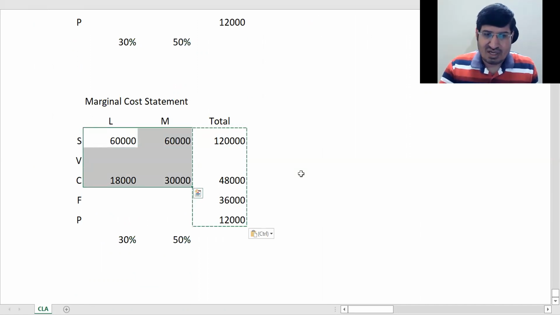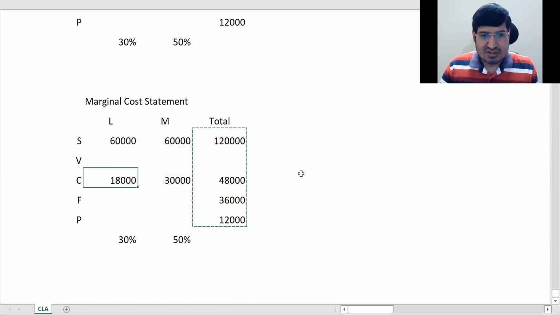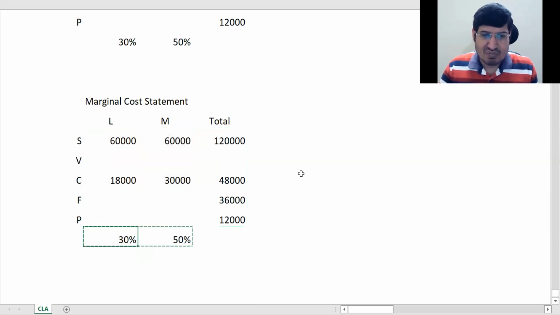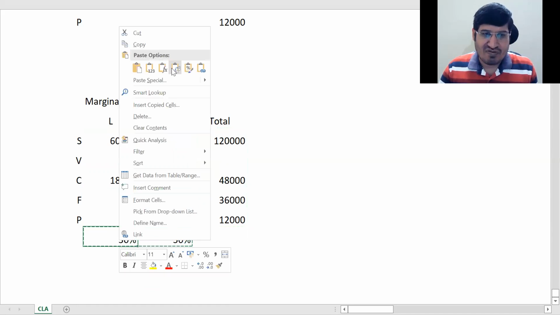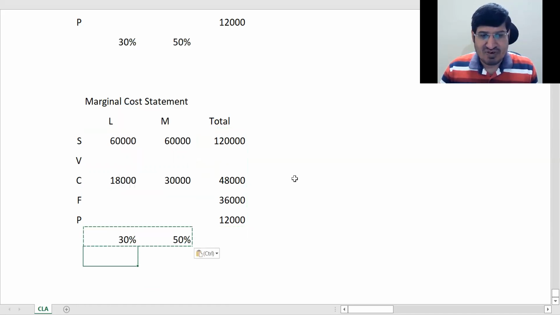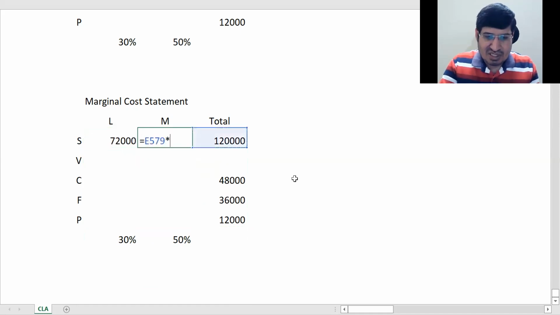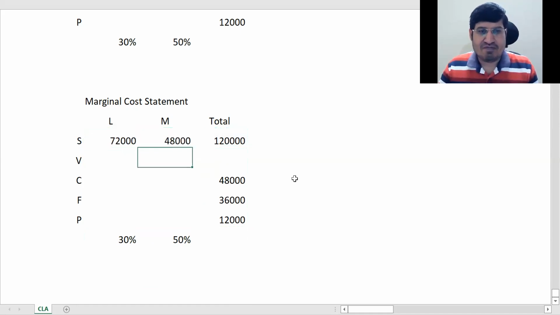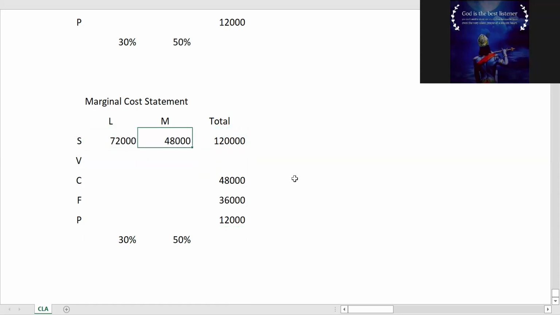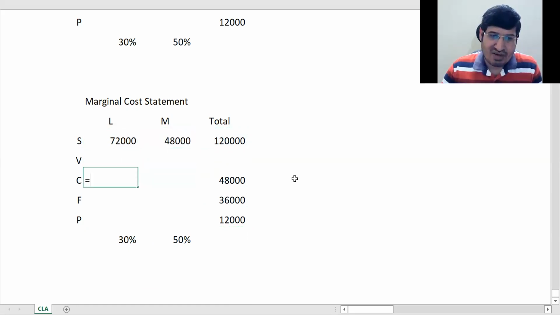Just take this out, clear this. PV ratio will remain constant, irrespective of your change in product mix. PV ratio 30% will remain constant. So now if I remove this 60%, 72,000, and this is 40%. This is what you said, right, Varshini? Yes, sir. 72 and 52. And now contribution, if I want to take out, it will be 72,000 into 30%.